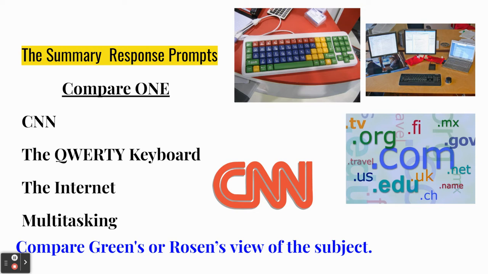For example, the professor believes that the internet is not a tool for deliberative democracy, and I don't know if Green would necessarily agree with that. So compare and contrast CNN with something else, the QWERTY keyboard with something else, the internet with something else, multitasking with something else. And again, their essay, their view of the subject, with other views that you have encountered.